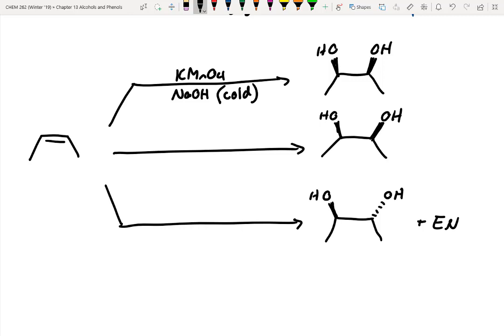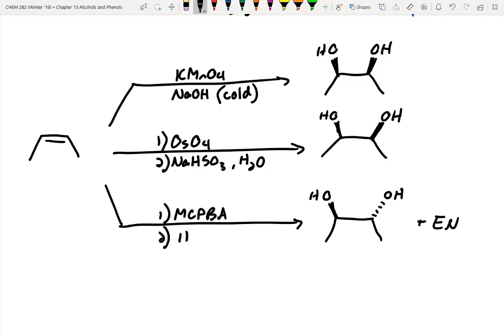All right, the next one was the one where you might go blind if you use the reagent. Osmium tetroxide, followed by sodium bisulfite and water in our second step. And then the last one was our anti-diol, and we need MCPBA.